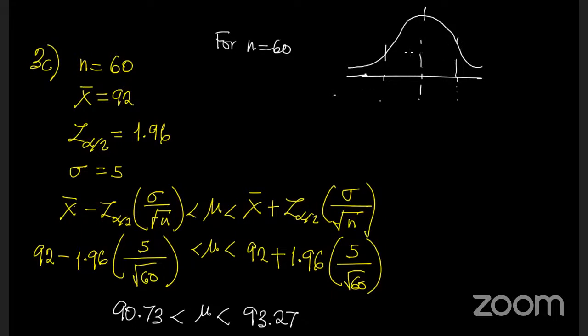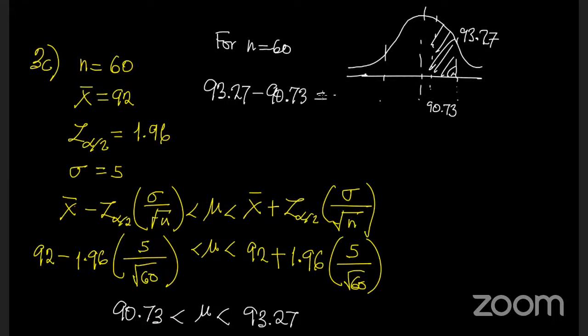I think they're all positive. So we had 90.73 on one side and 93.27 on the other. What is the interval? The interval is 93.27 minus 90.73.